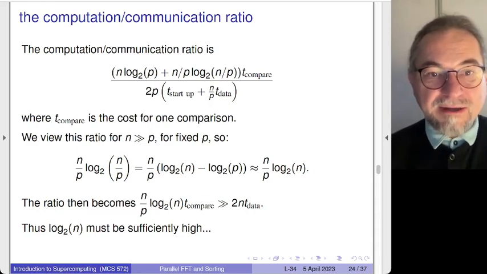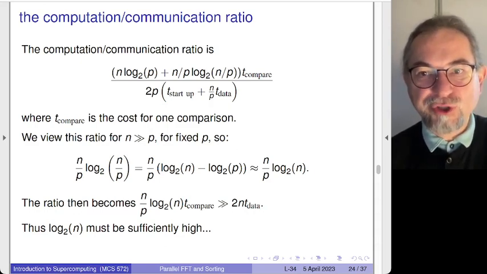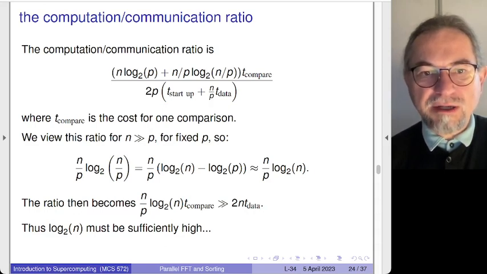Okay, so we have the ratio. If you look at now the leading dimension, the n over p, we have the n over p in the numerator, so we can simplify that away. In the denominator we have n divided over p, so we keep that as the n over p factor.